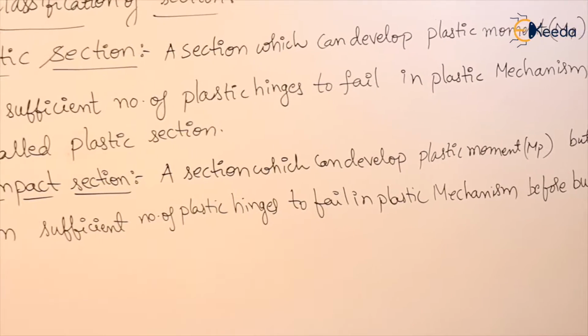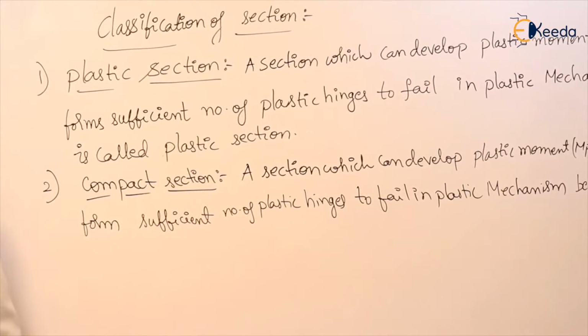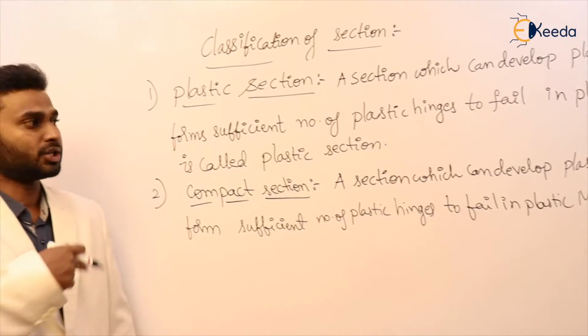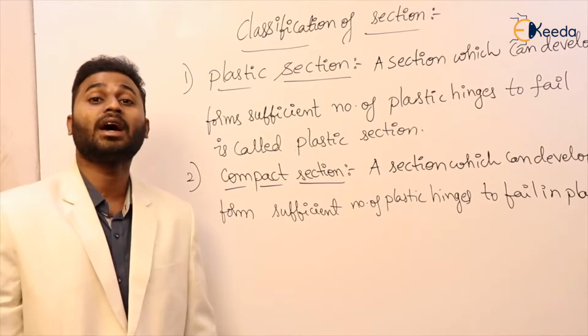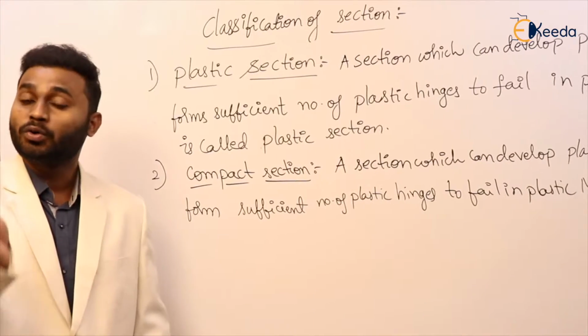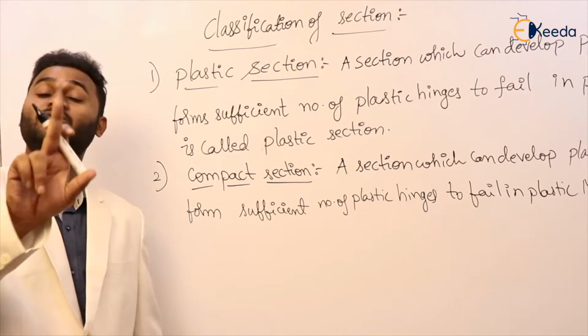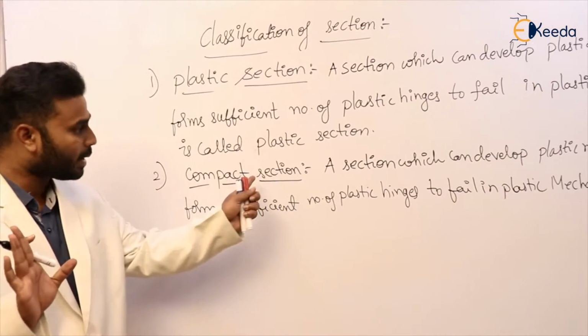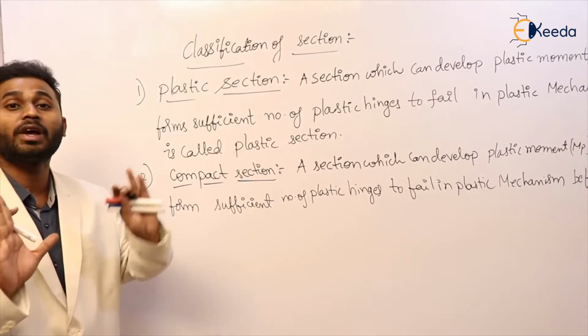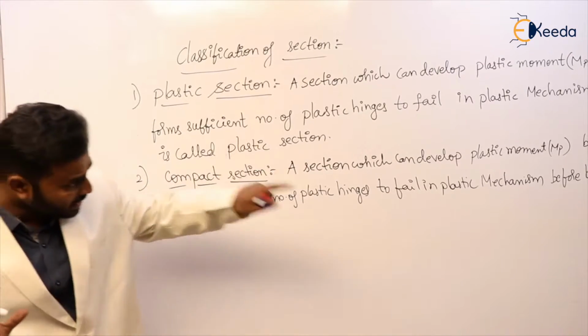For example, for an I section to be classified as a compact section, it can develop plastic moment carrying capacity MP, but it cannot fail by mechanism. To fail in mechanism, it requires n+1 plastic hinges. Yes or no? It means sufficient number of plastic hinges are required. But for compact section, it is not going to fail by forming a mechanism. It fails by buckling.